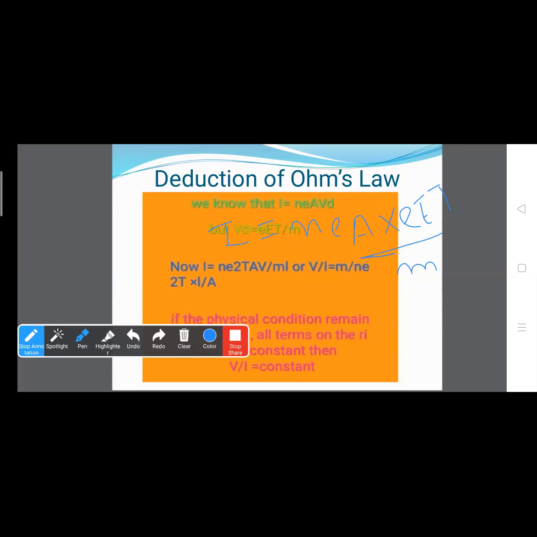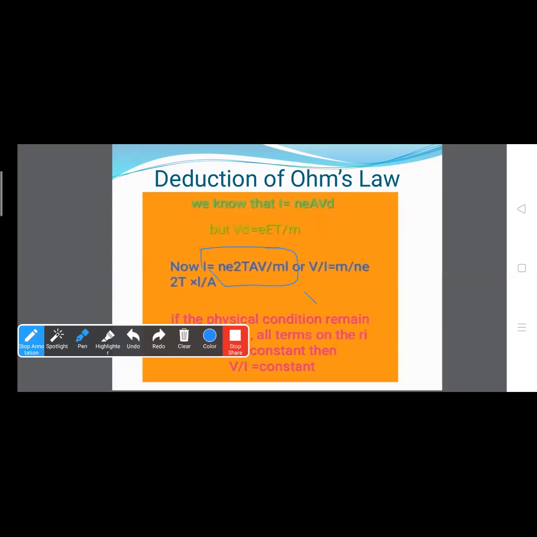Now put the value of E equal to V upon L, volt per meter. We already know this value of electric field. So the equation becomes I equal to ne squared τAV upon mL.